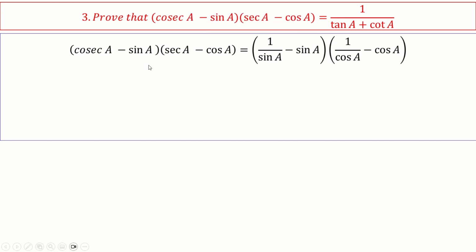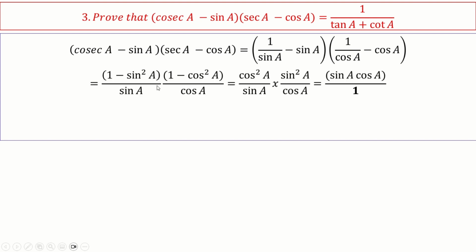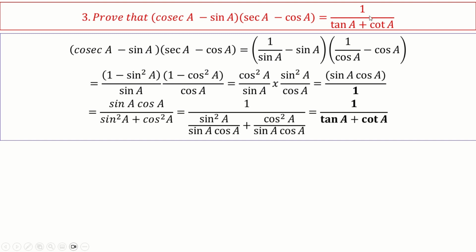Okay. (Cosecant A minus sin A) into (secant A minus cos A), which, if I expand it and write it like this, will become (1 minus sin square A) into (1 minus cos square A) divided by (sin A by cos A). So this is nothing but sin A cos A divided by 1, I will put, because I require to get to 1 by (tan A plus cot A). Right?